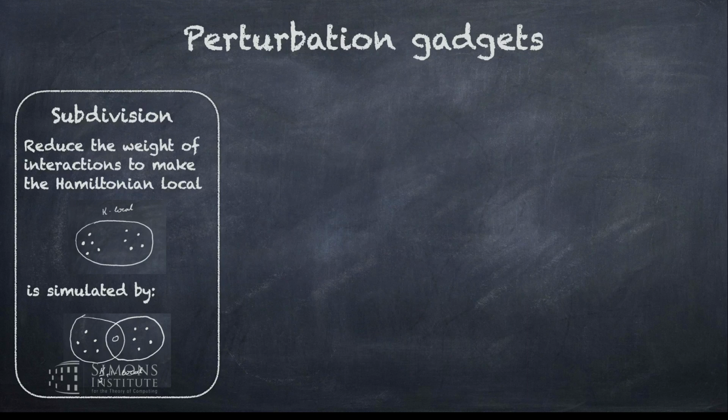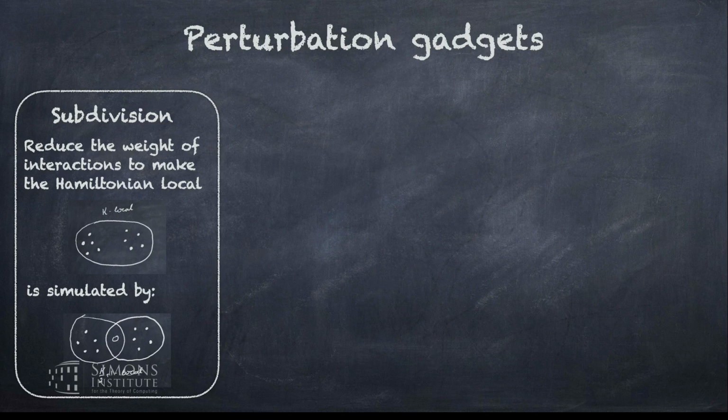So in particular, we're going to start off with a subdivision gadget. The idea in the subdivision gadget is that we have some k-local Hamiltonian term where k is large. And we want to break this down into a Hamiltonian term acting on a smaller number of qubits. And we do that by adding a mediator qubit here. You can see this mediator qubit has been added between the two graphs.